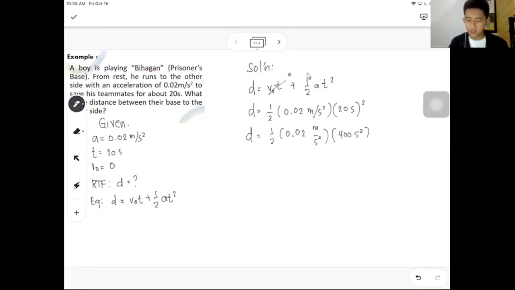So we multiply 0.02 meter per second squared and 400 seconds squared. We can cancel the seconds squared. So we have now 1/2 times 8 meters. So the remaining unit now is meter. So d now is equal to 4 meters. This is now our final answer.